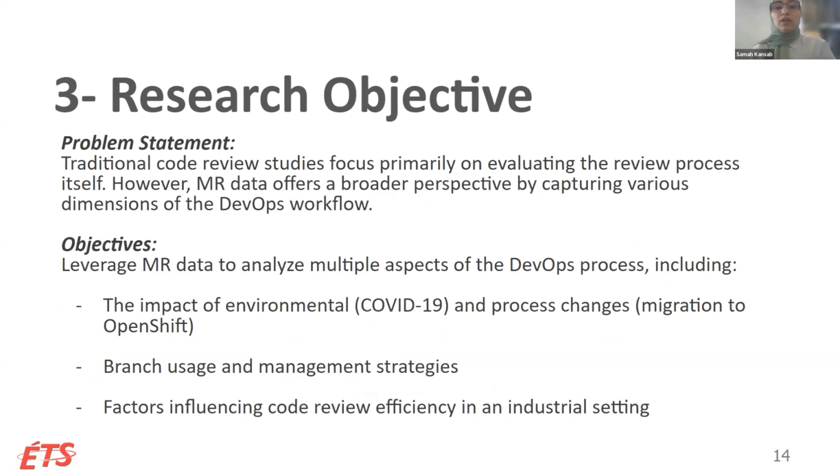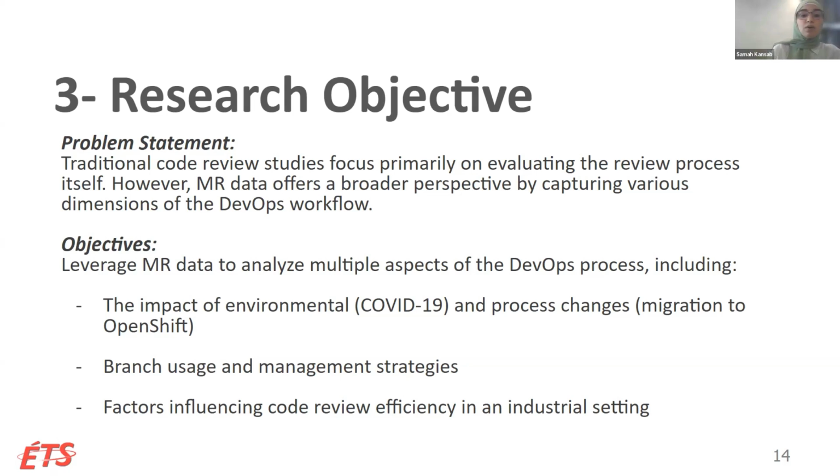So now, moving to our research objective. When we conducted the systematic literature review, we observed that people, in fact, are using the data coming from code review, but the problem is that they are using it to analyze the code review process itself. So they are interested in what happens in the code review process.